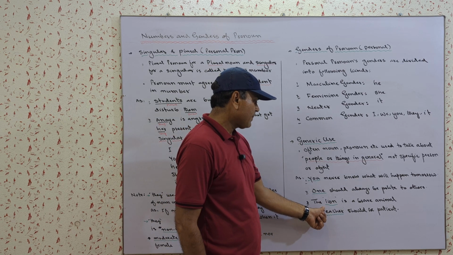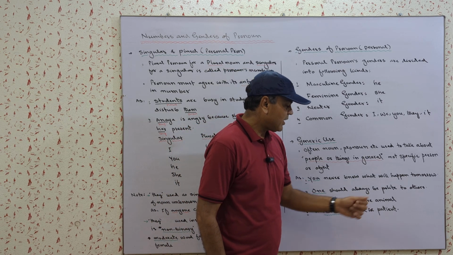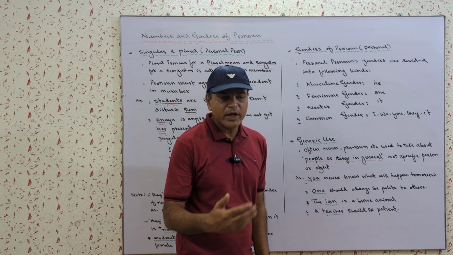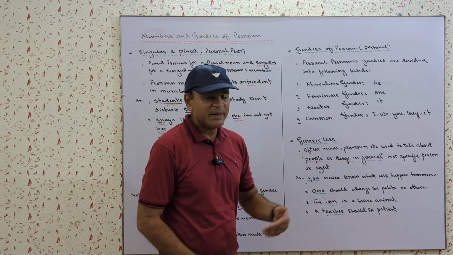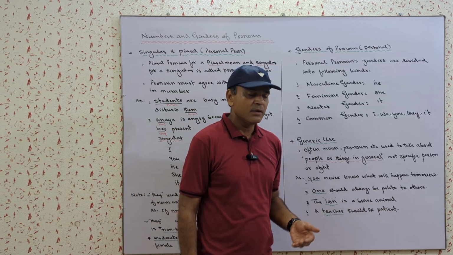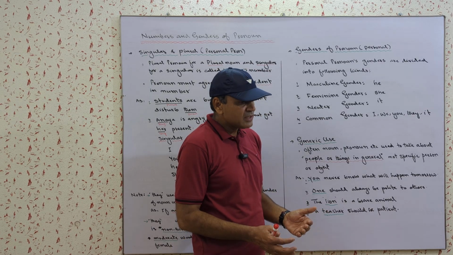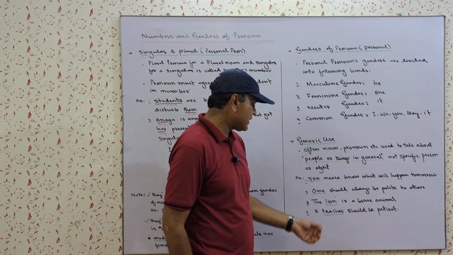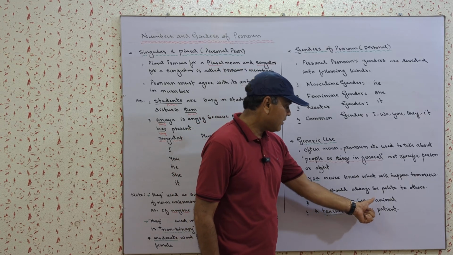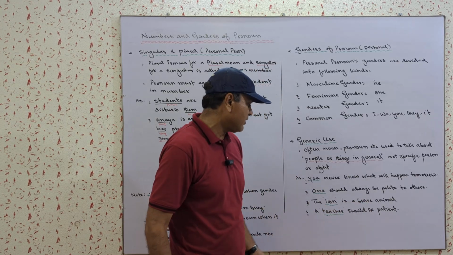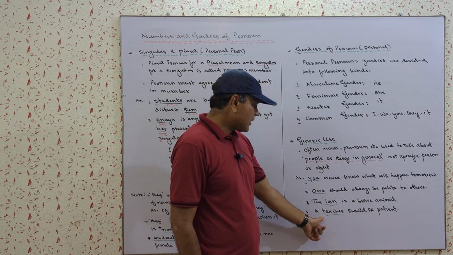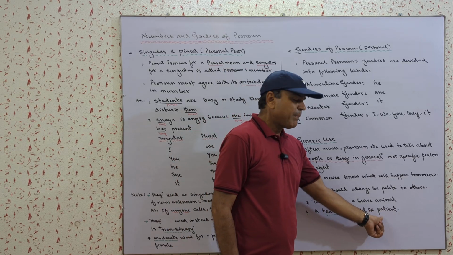The lion is a brave animal. I am not talking about any particular lion or a specified lion that is before me. Here I am using the word lion in general, meaning any lion. When I say the lion is a brave animal, it means any lion is a brave animal. A teacher should be patient.